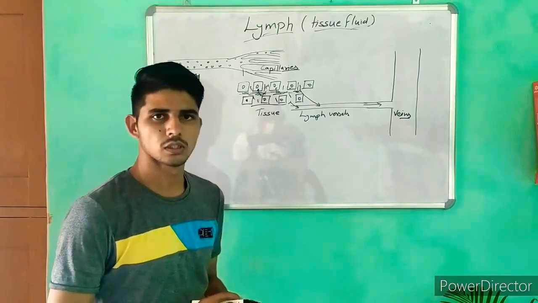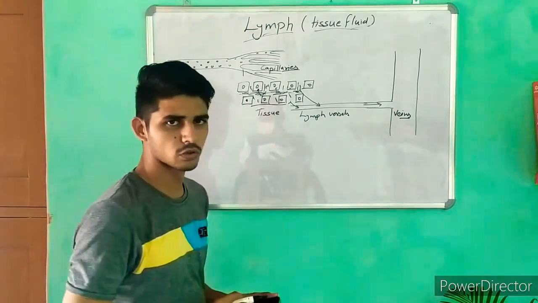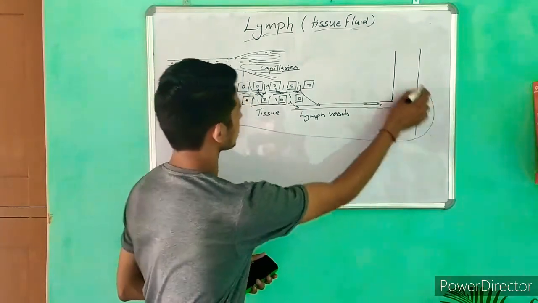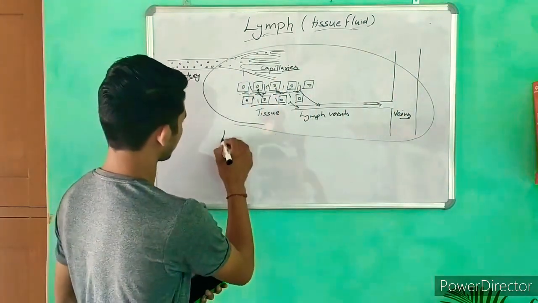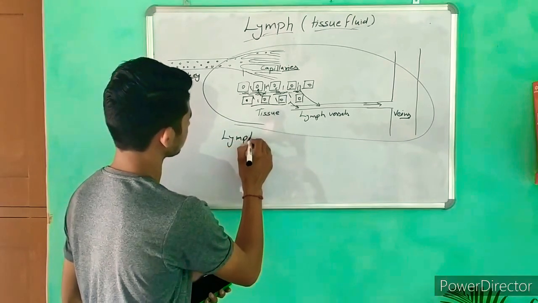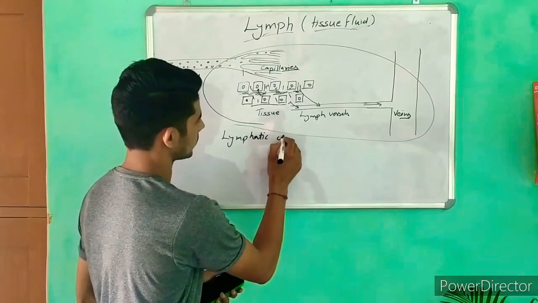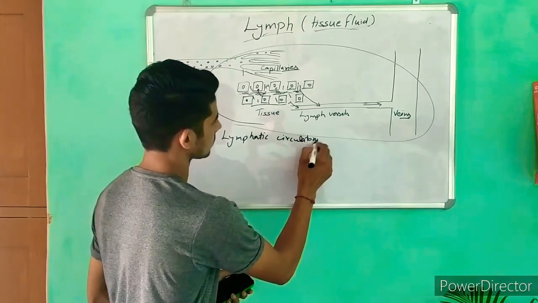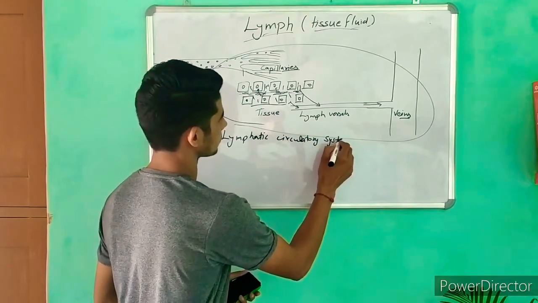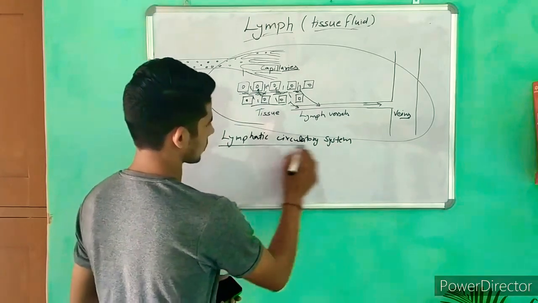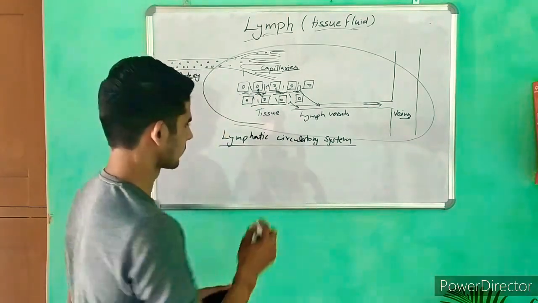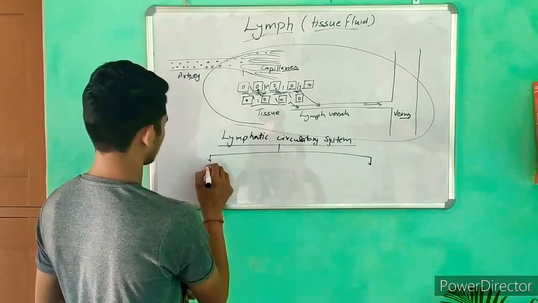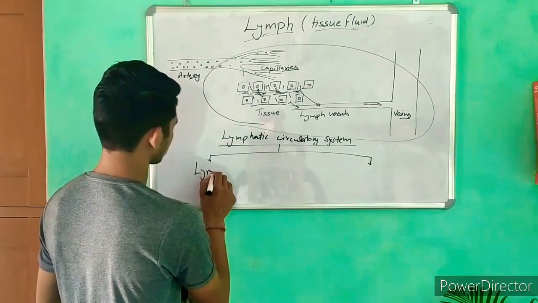So all the circulation of tissue fluid or lymph is called the lymphatic circulatory system. It consists of three components. First is lymph itself.